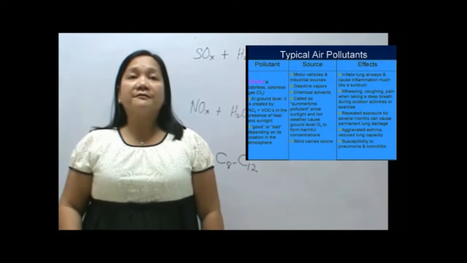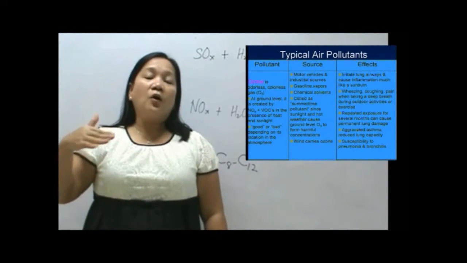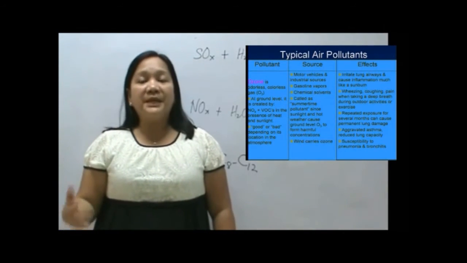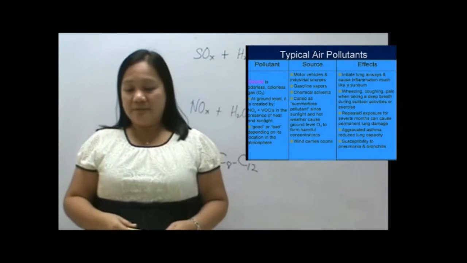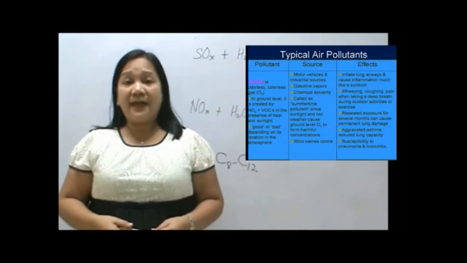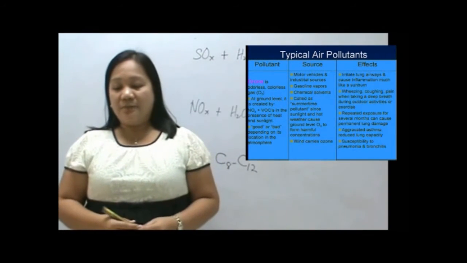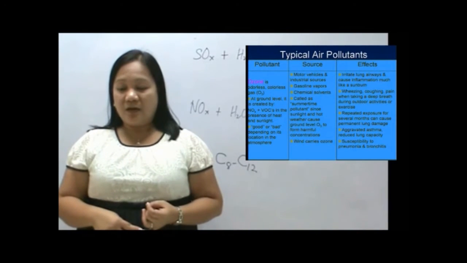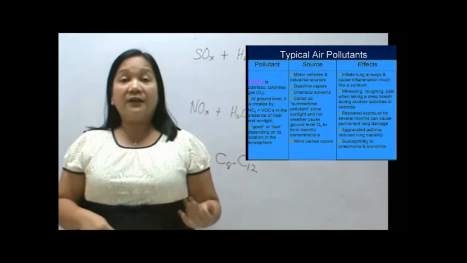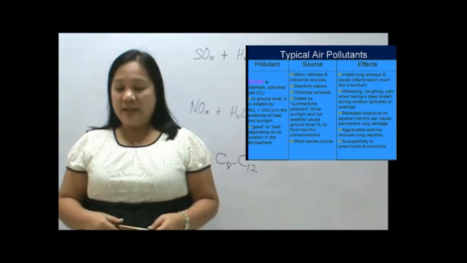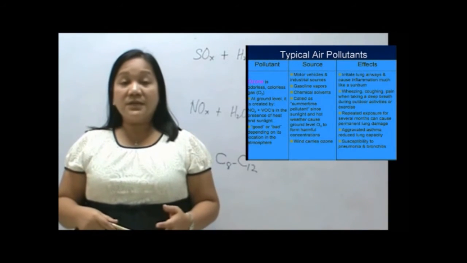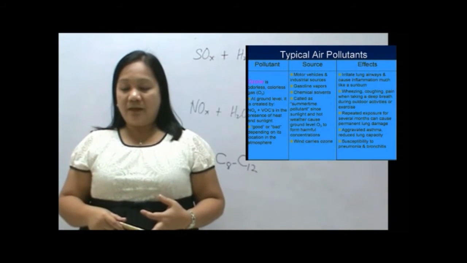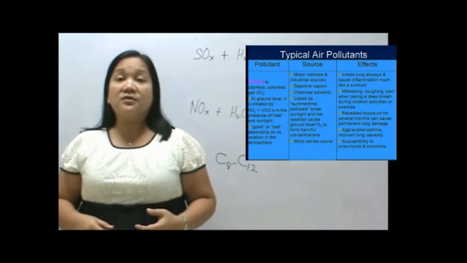Again, too much of O3 near us or at the troposphere or at the ground level would be detrimental to our health. So what would be its effects? You may have irritated lung airways, which can cause inflammation, much like a sunburn. Then it can also cause too much wheezing, coughing, pain when taking a deep breath during outdoor activities or exercise.